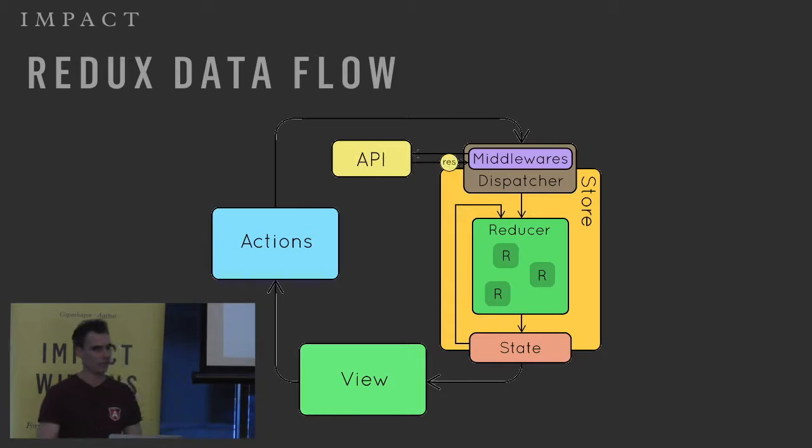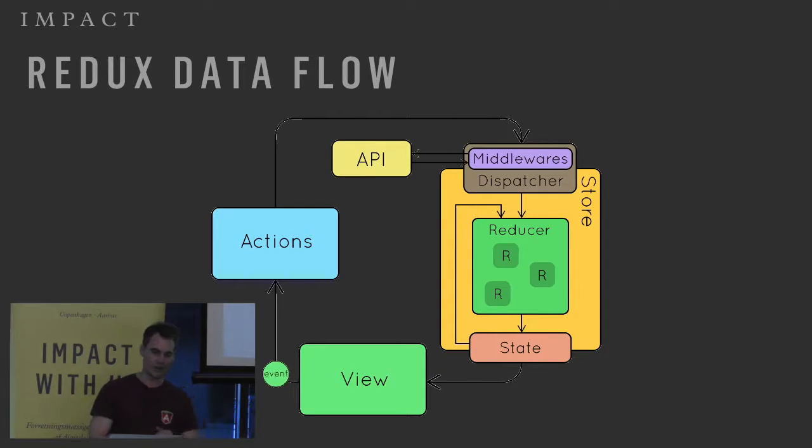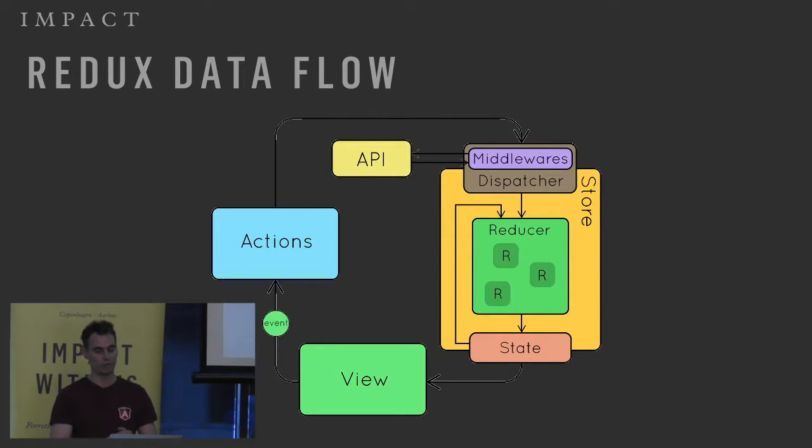So if you click a button, some action will be sent to the store, and it will be run through this set of reducers in the green box over in the store. The reducers describe the logic for the transformation of the state, depending on the action. And afterwards, when it's been run through all the reducers, the new updated state will be propagated to the view, and the application can update the interface with the transformed state.